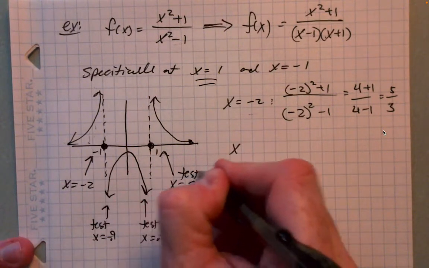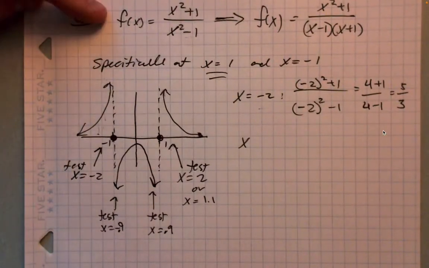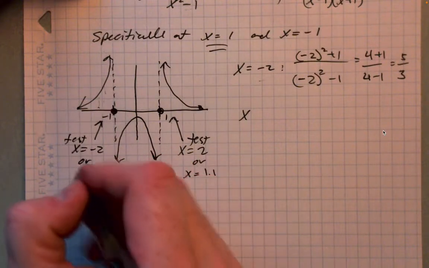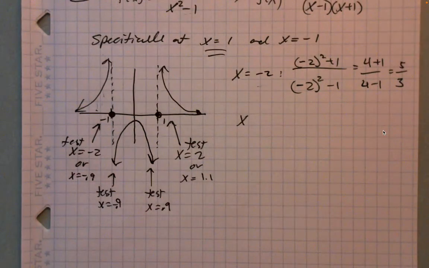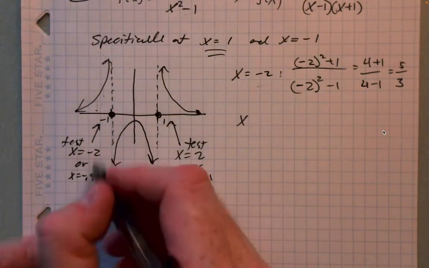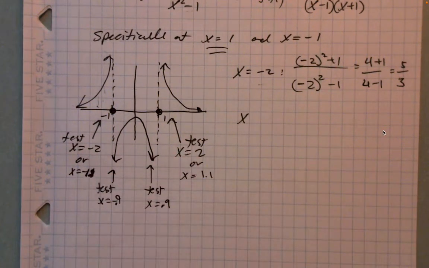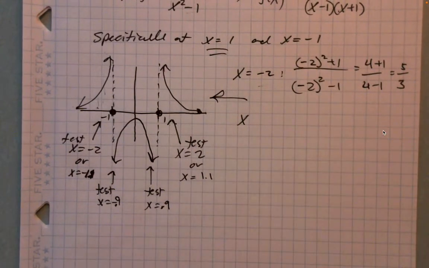So we're testing here to determine the directionality of the increase or decrease. Or you could test x equals -1.1, sorry. Okay. So you could test around the asymptotes to see what direction things are headed. And what you derive is a nice visual like this.